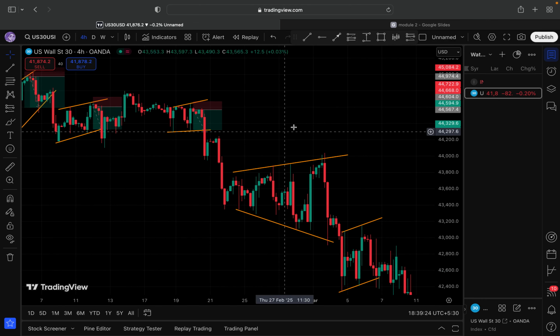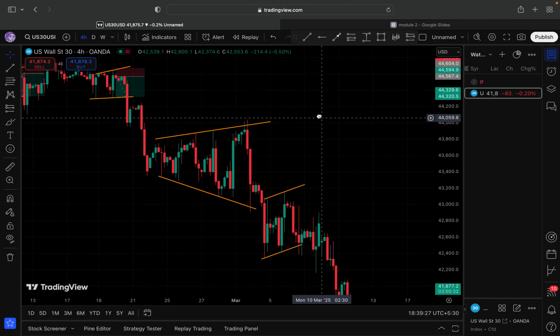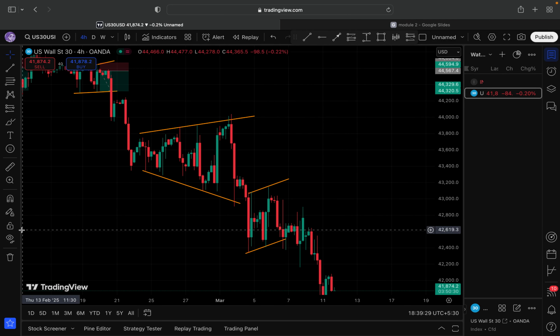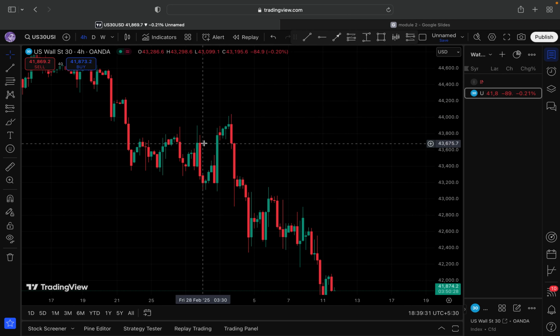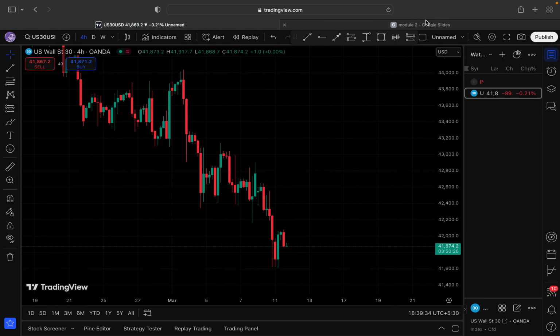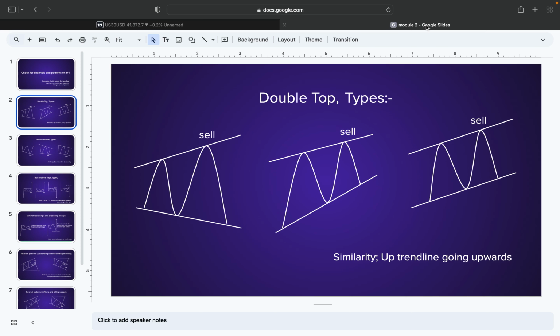So let's quickly go over to the next pattern. Clear it. So we'll go back to the next pattern. Now if you watch in this double top, there is a clear similarity, which is the uptrend line always going upwards. It is not equal, it is not downward. The uptrend line is always slanting up. That's a similarity which I myself observed, and I want you to observe.